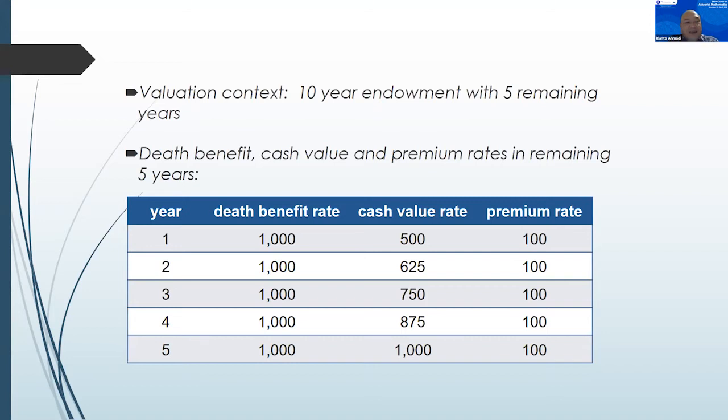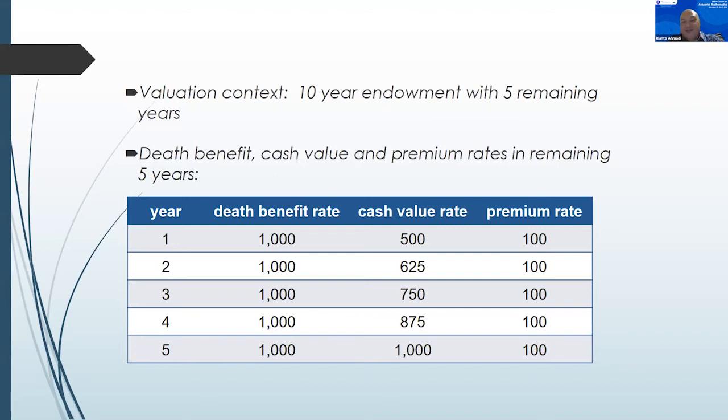And in this table here, we put the death benefit values, the cash values, and also the premium values, for each one of those 5 years in the future. A client usually pays level premiums along the contract time. So we're assuming here that the premium payment per year is 100 rupiah, say.